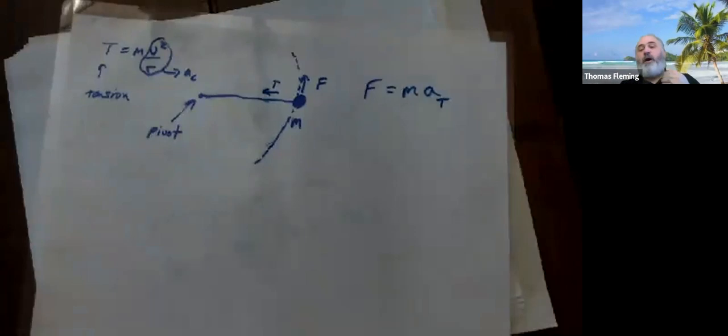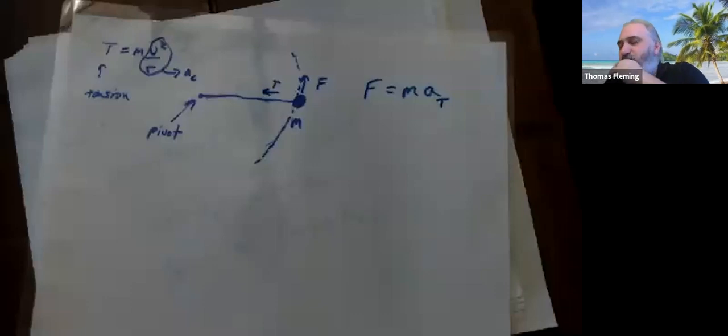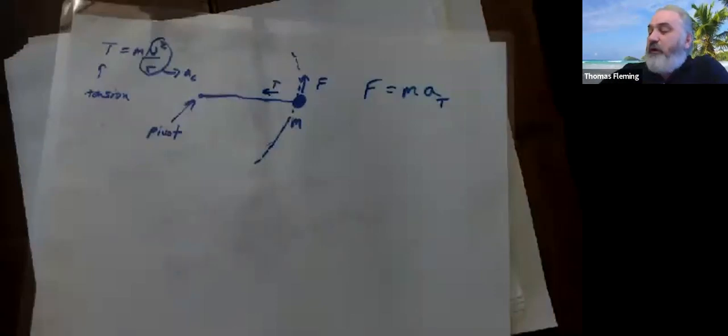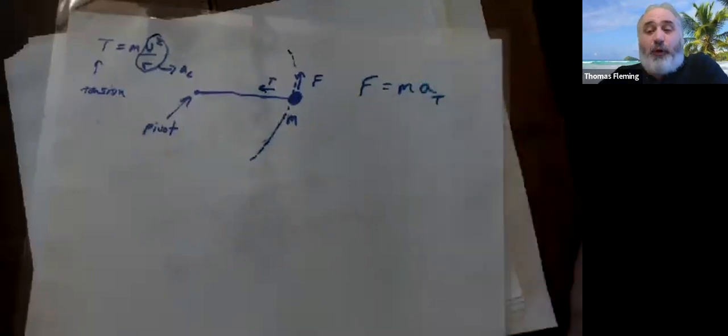Now, unfortunately, as we saw last time, talking about this sort of rotational motion with linear variables like A and V and X is not well formulated. And so what we'd like to do is to replace stuff we have here with angular equivalents.